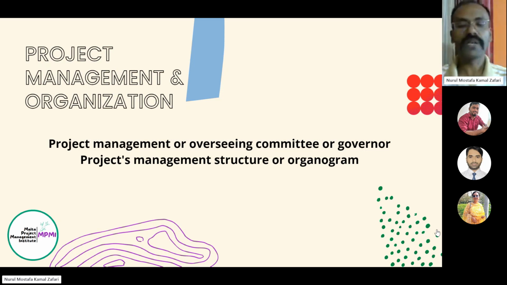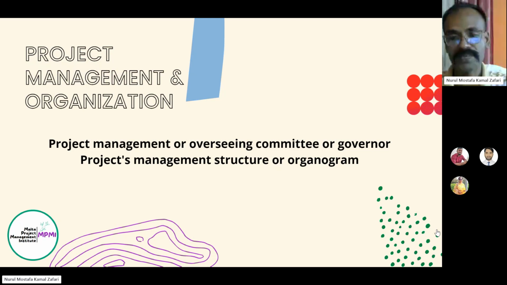So in this section, one can put the project management structure, meaning the organization will form a project management committee, PMC, or project management and implementation committee, PMIC, or project management body, PMB, and you can write one paragraph on this, how this committee will manage the projects and supervise the project's progress, and also provide time to time feedback, and also monitor the project activities.